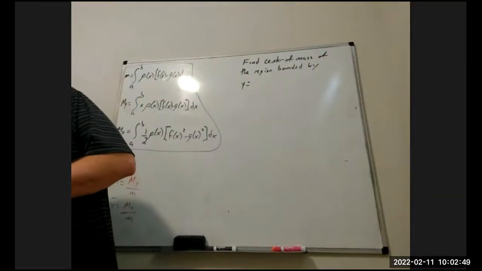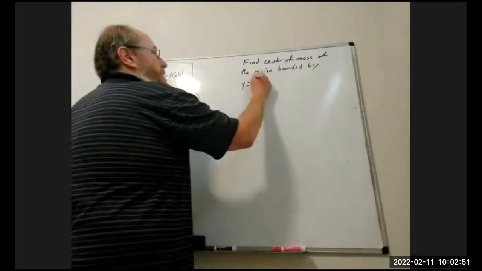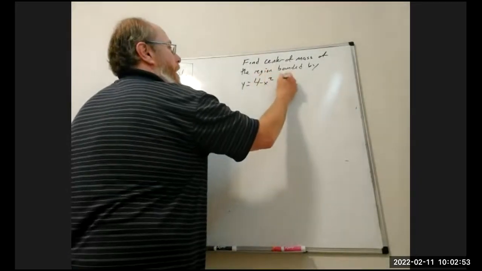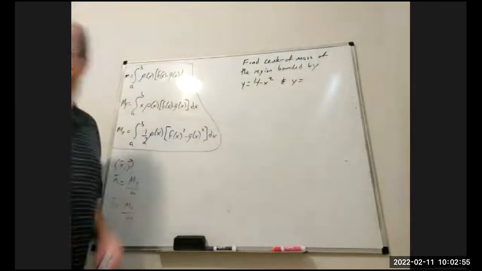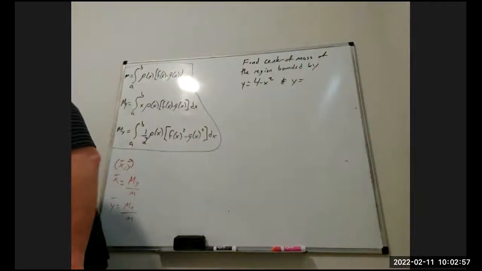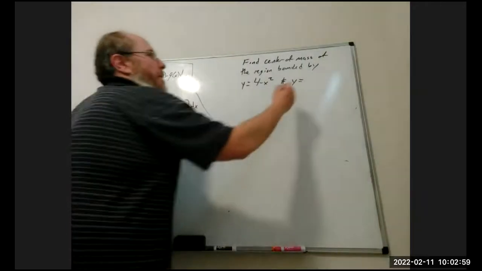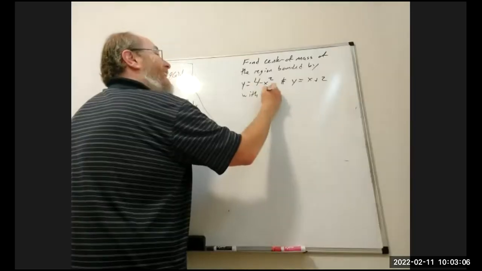One of them is going to be 4 minus x squared. And the other one is going to be x plus 2. And I'm going to go with constant density.